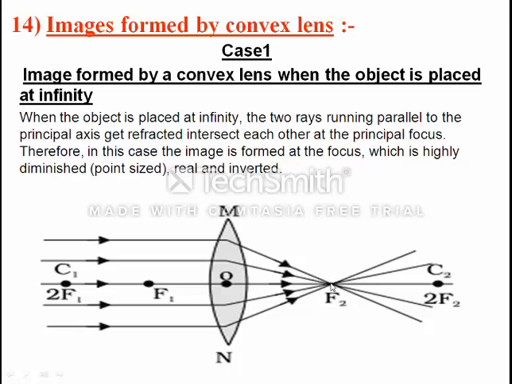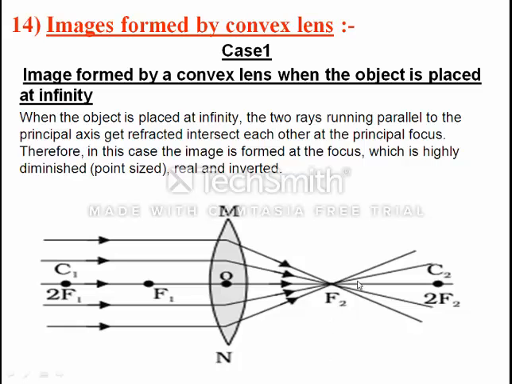The image is very small, as we got the same thing when the object was at infinity in the case of concave mirror. Now whatever we got in the concave mirror we will get in the convex lens, and whatever we got in the convex mirror we will get in the concave lens.